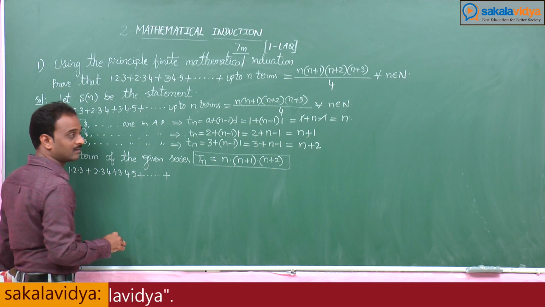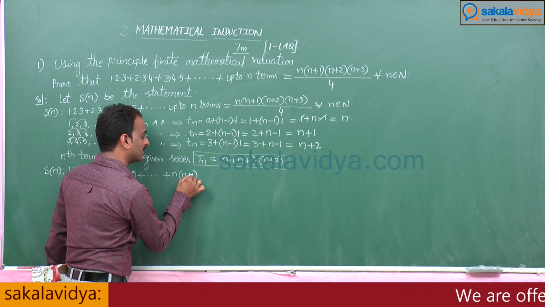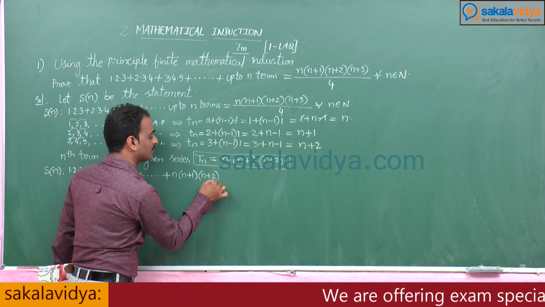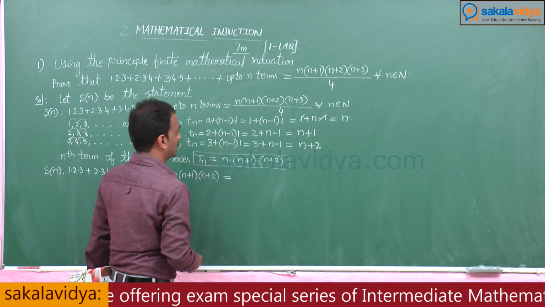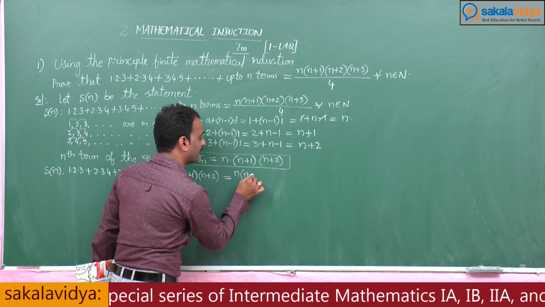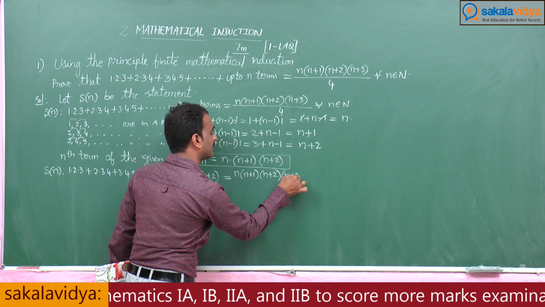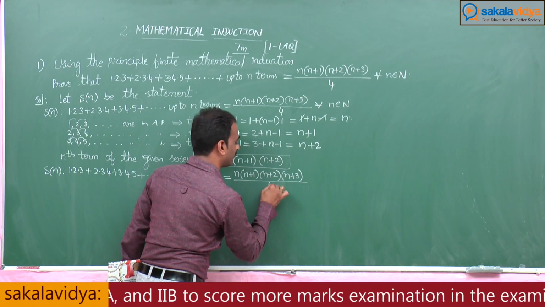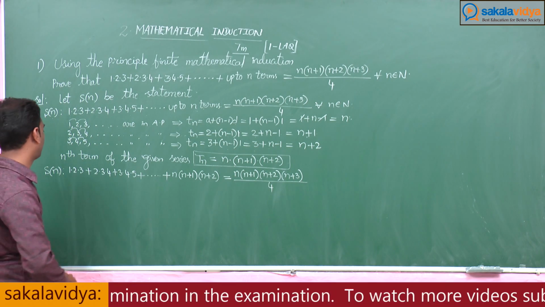Now we write the nth term n into (n plus 1) into (n plus 2) is equal to the given RHS value, n into (n plus 1) into (n plus 2) into (n plus 3) by 4.